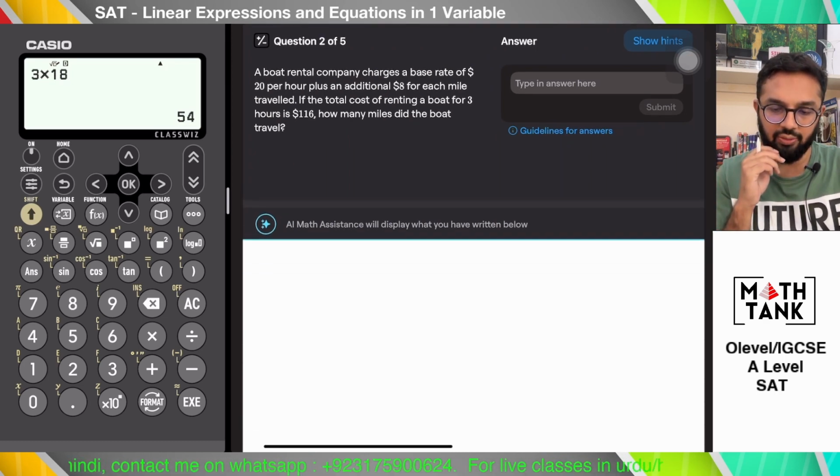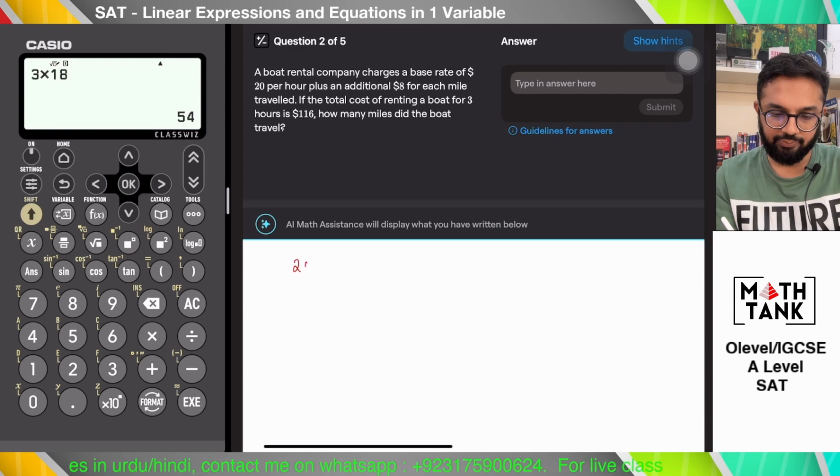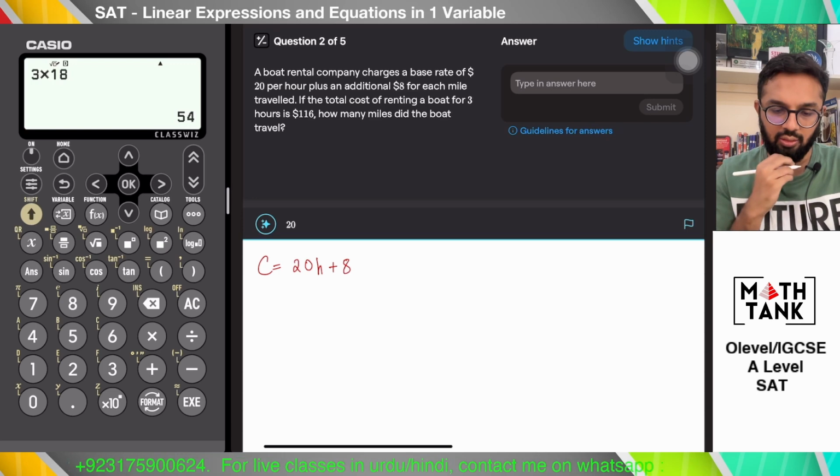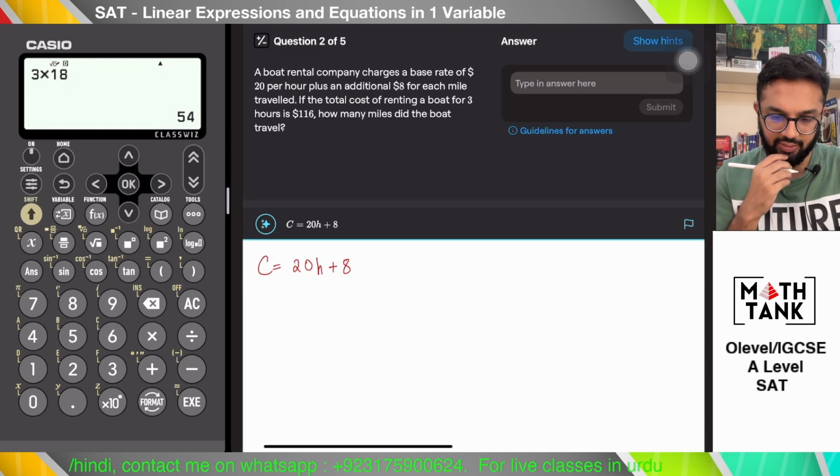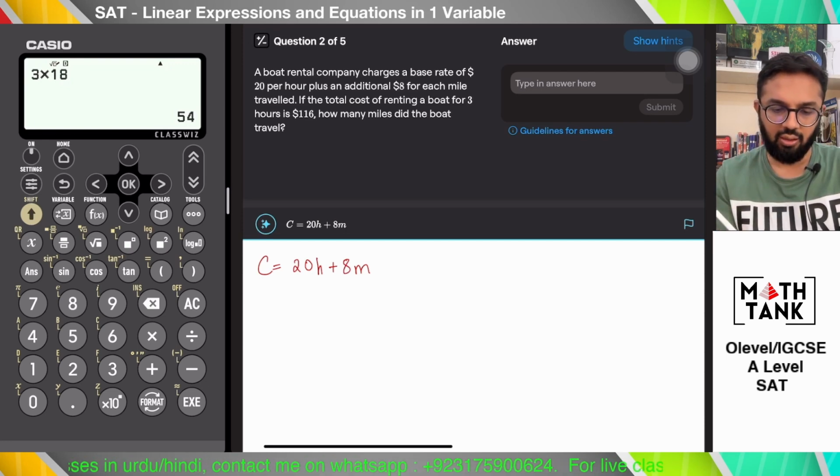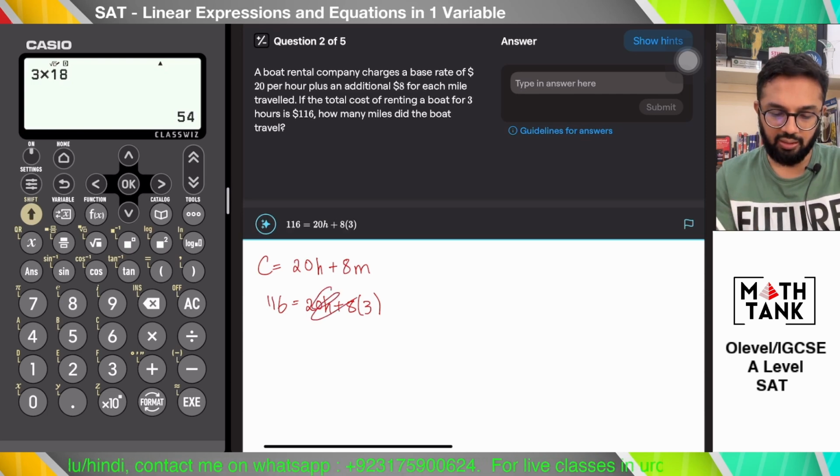A boat rental company charges a rate of $20 per hour plus an additional $8 for each mile traveled. Okay, slight mistake. If the total cost of renting a boat for 3 hours is 116, how many miles?